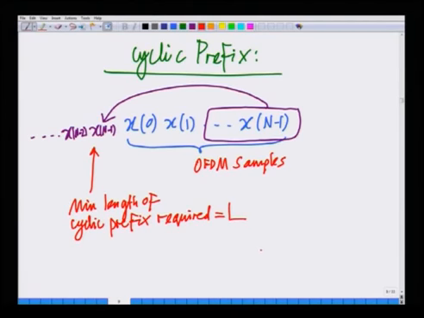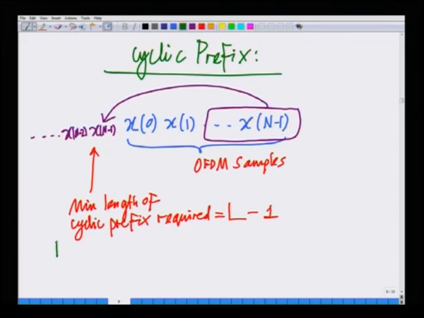So the minimum length of cyclic prefix required is L minus 1. You can see that this is related to the order of the delay spread of this channel, where the delay spread is L.